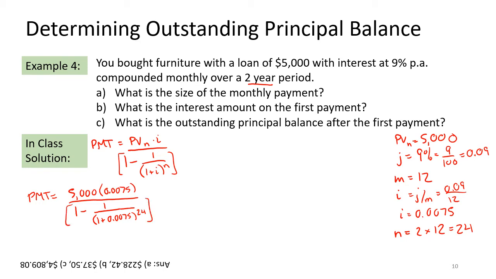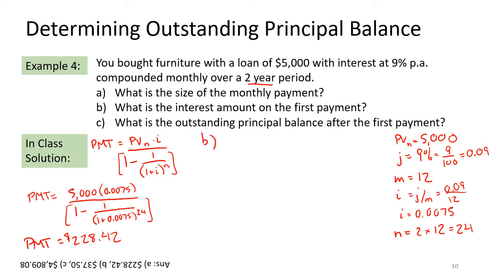Okay? If you calculate that value out, you'll get a payment of $228.42. All right? So now part B is looking at what is the interest amount on that first payment.